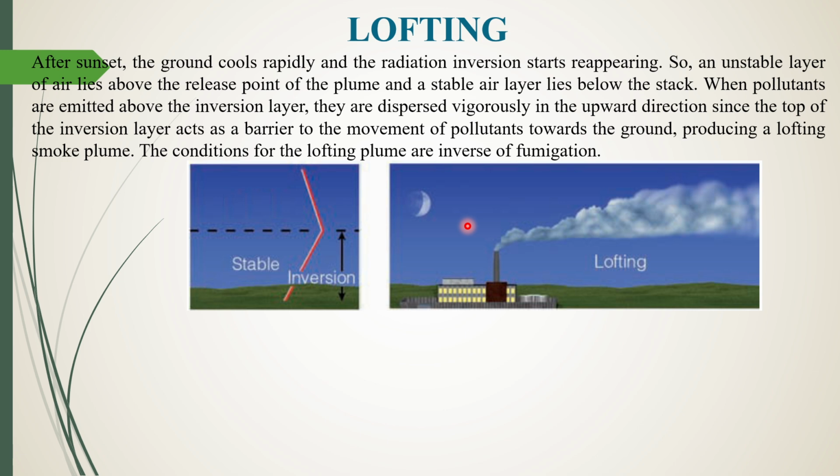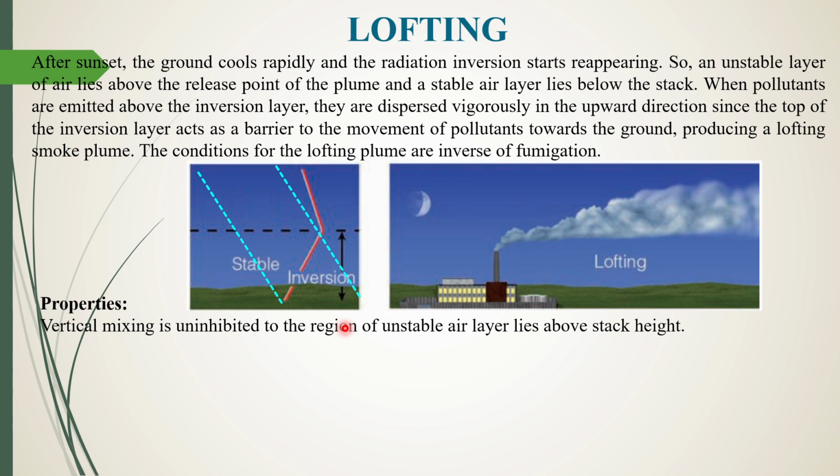When pollutants are emitted above the inversion layer, they are dispersed vigorously in the upward direction, since the top of the inversion layer acts as a barrier to movement of pollutants downward, producing a lofting smoke plume. This condition is opposite of fumigation. So I put dry adiabatic lapse rate right here to understand this figure better.